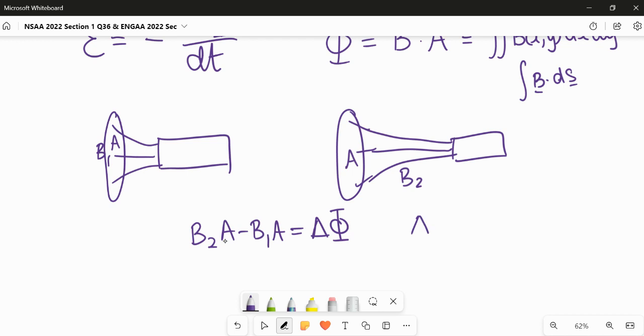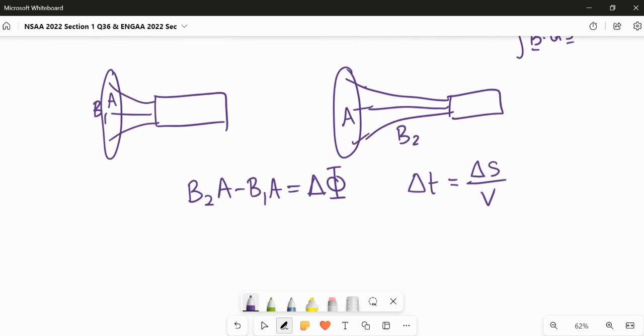Now, what would the change in time be, or how long would that have happened over? It would be the little distance the magnet moves, delta S, over the speed of the magnet, V. So if I put that in, delta phi over delta t will be V over delta S times B2 minus B1 times A.